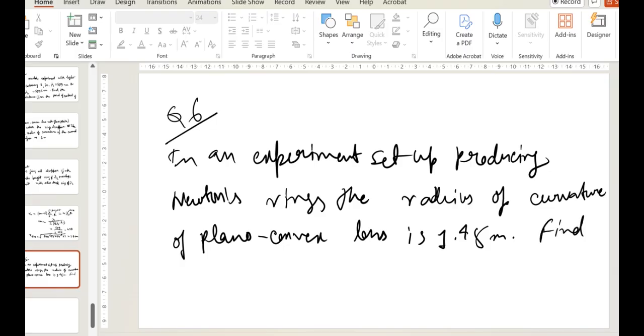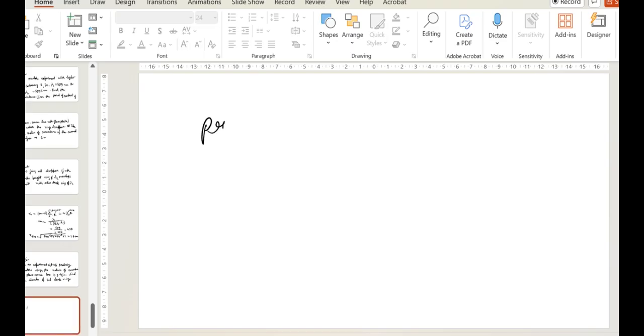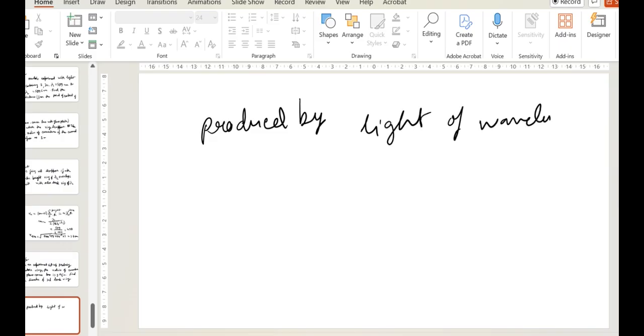Find the diameter of the 3rd ring produced by light of wavelength 589 nanometer. This is a very straightforward question.